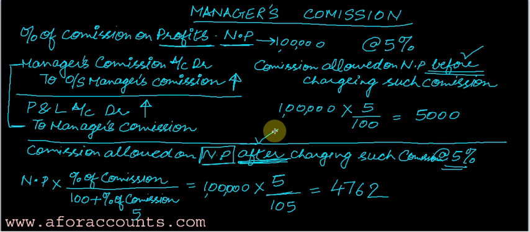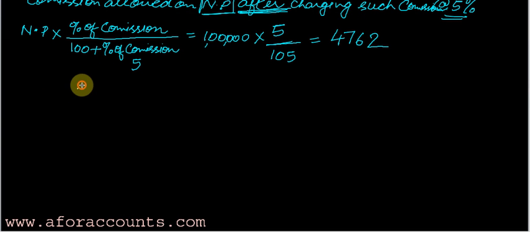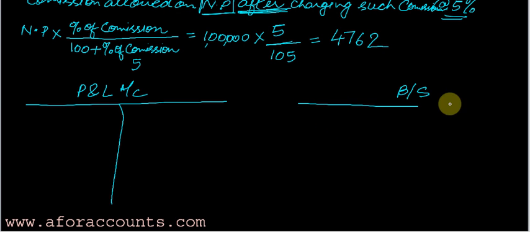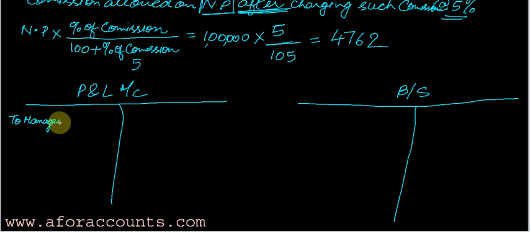And what will be the treatment in the profit and loss account and in the balance sheet? See, this is my profit and loss account, and this is my balance sheet. In the profit and loss account, I will debit manager's commission. It is an expense, so it will be 4762.